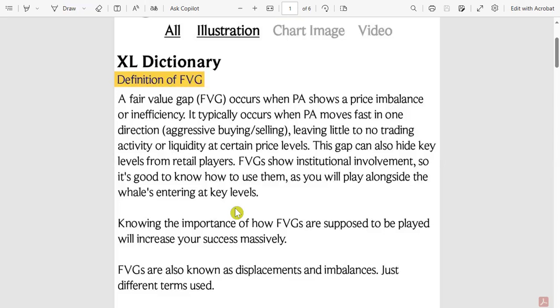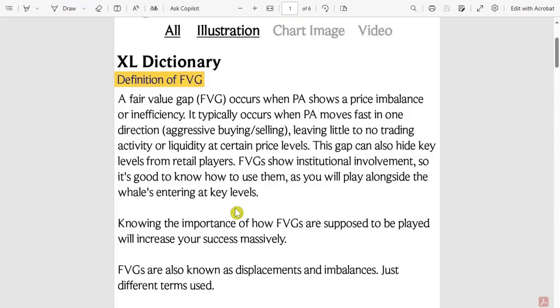The gap can also hide the key levels from retail traders. If you have no understanding of fair value gaps, then it won't be easy for you to mark the key levels, because most people tend to use order blocks, demand and supply zones, or support and resistance levels in marking key levels.